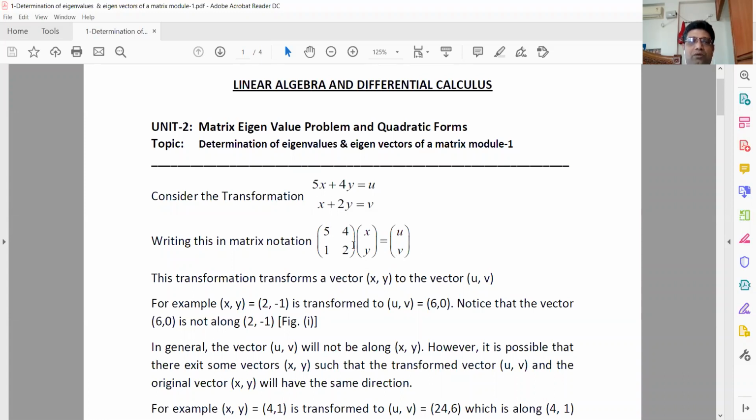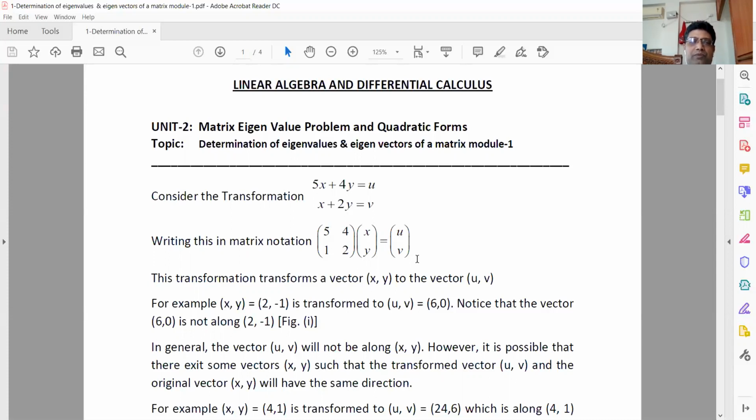Now, what this transformation tells us is that it transforms the vector x comma y to the vector u comma v with the help of the coefficient matrix 5, 4, 1, 2.